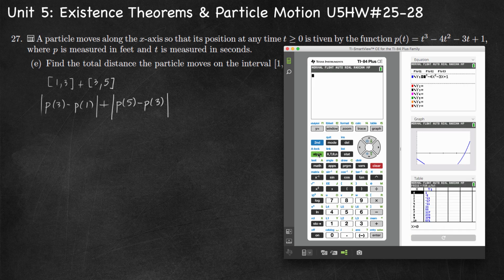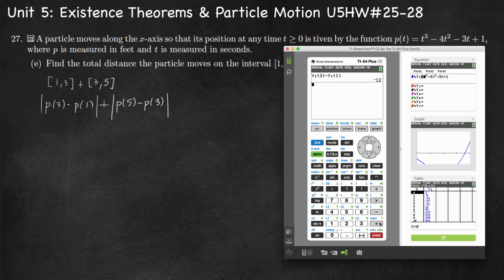And I want P of 3 minus P of 1. Now that's negative 12. We need to make that positive 12. So our first net distance is 12.